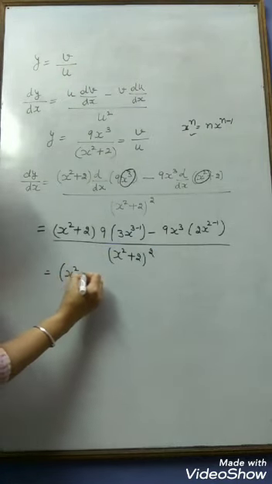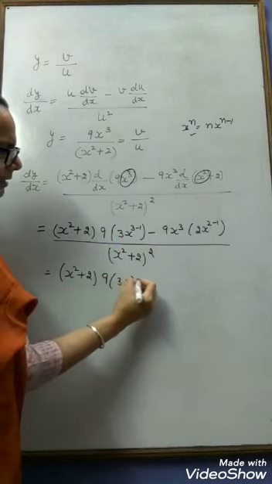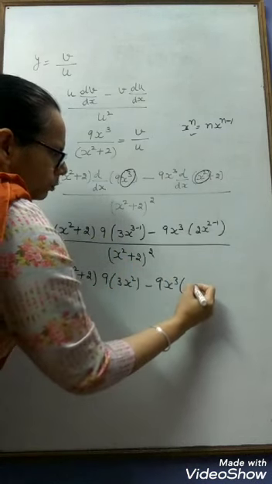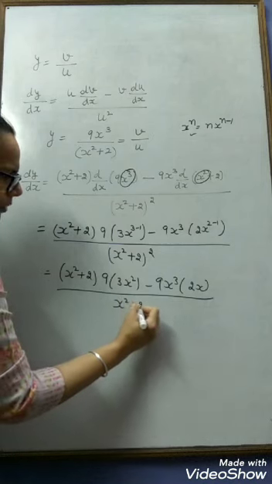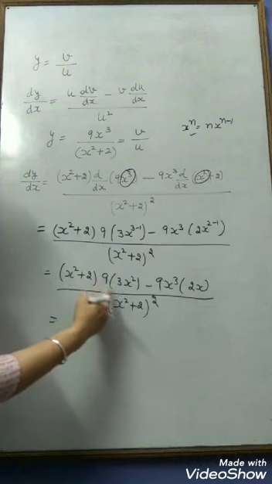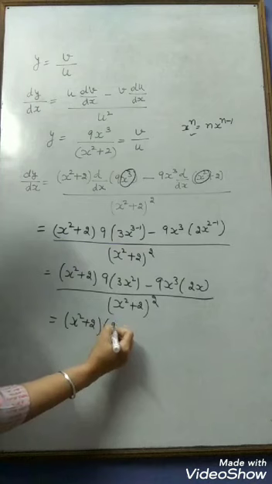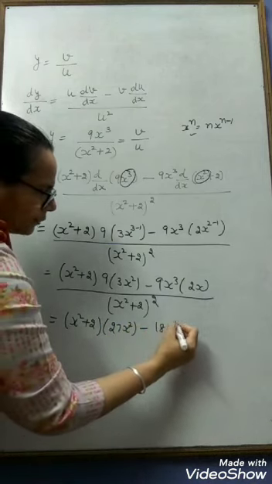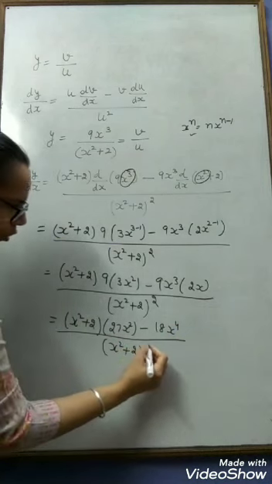Then x square plus 2, this is 9 times 3x square minus 9x cube times 2x, upon x square plus 2 whole square. And we have 27x square plus 54 x square minus 18x^4, upon x square plus 2 whole square.